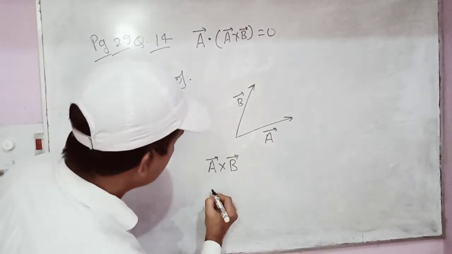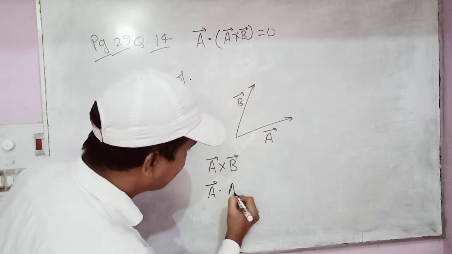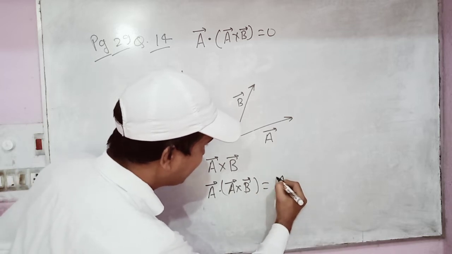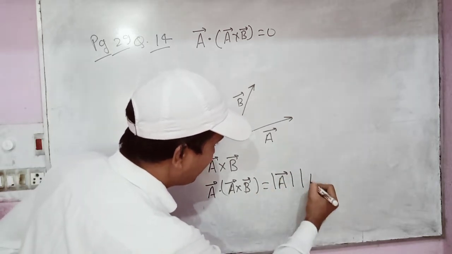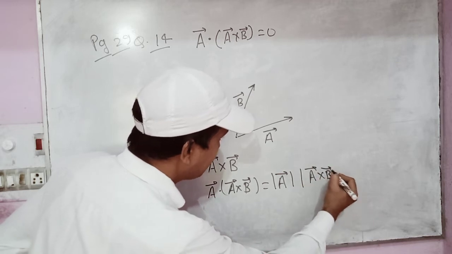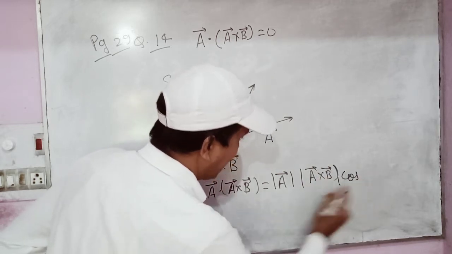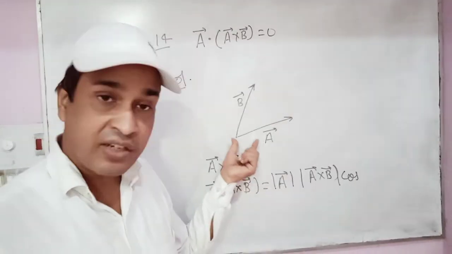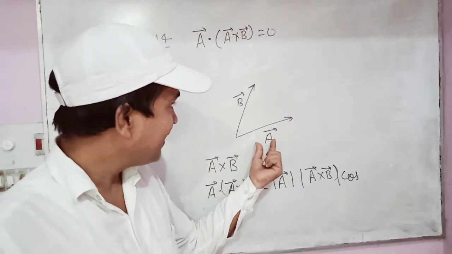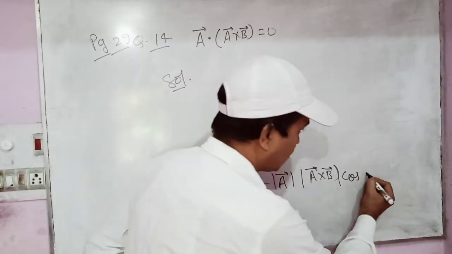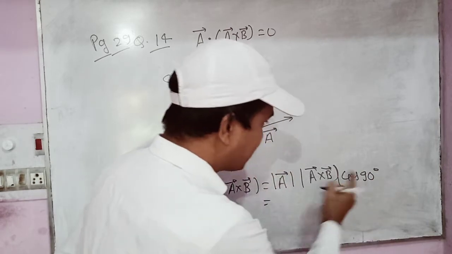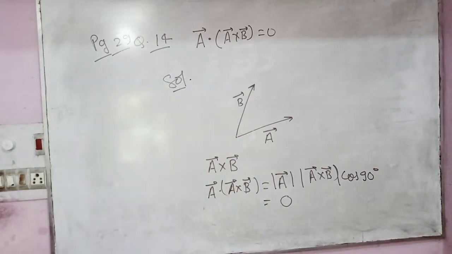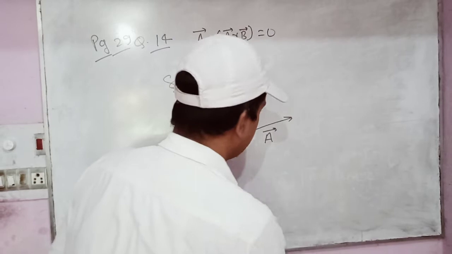So vector A dot (vector A cross B) will be magnitude of vector A into magnitude of vector A cross B and cos of the angle between vector A and vector A cross B. As I have just shown you, that angle is 90 degrees, and cos 90 degrees has value 0, so this is equal to 0. So we have proved this. Now let us proceed to the next problem.